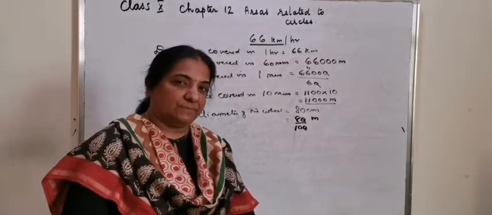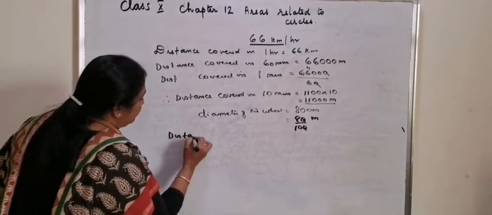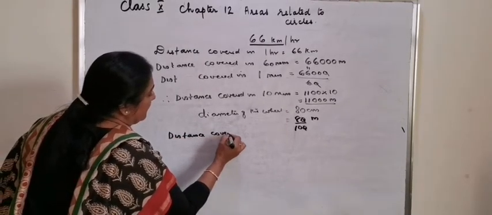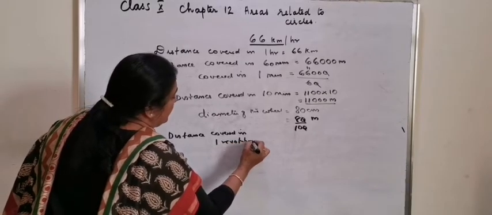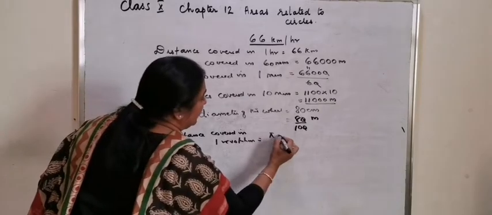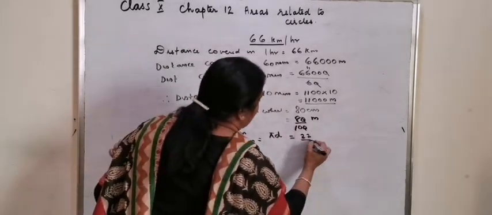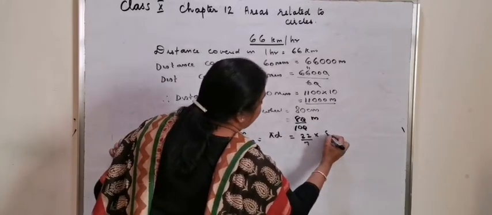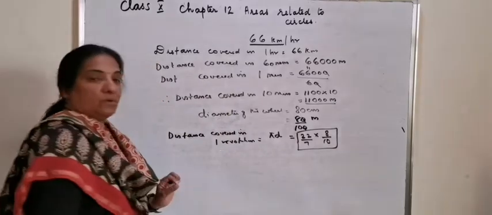By using the concept of circumference. So, distance covered in one revolution is equal to the circumference of the wheel, pi d, which is the same as 22 by 7 into 8 by 10.